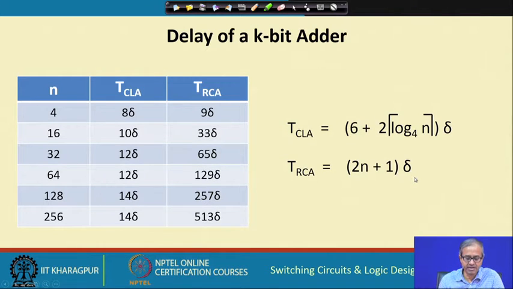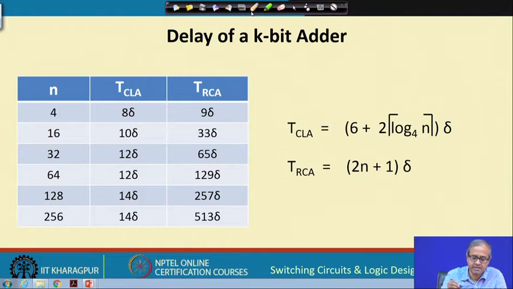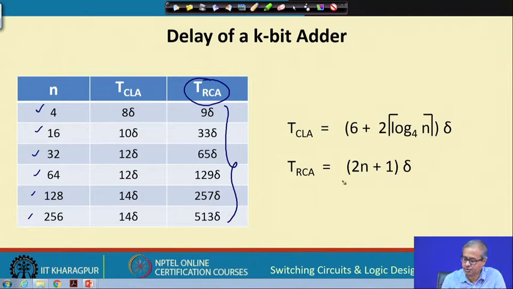This table gives a quick comparison for certain values of n, typical values 4, 16 up to 256 I am showing. If you have a normal ripple carry adder, the total delay, if you recall, is 2n plus 1 delta. So, it will go up like this: 9, 33, 65 up to 513.